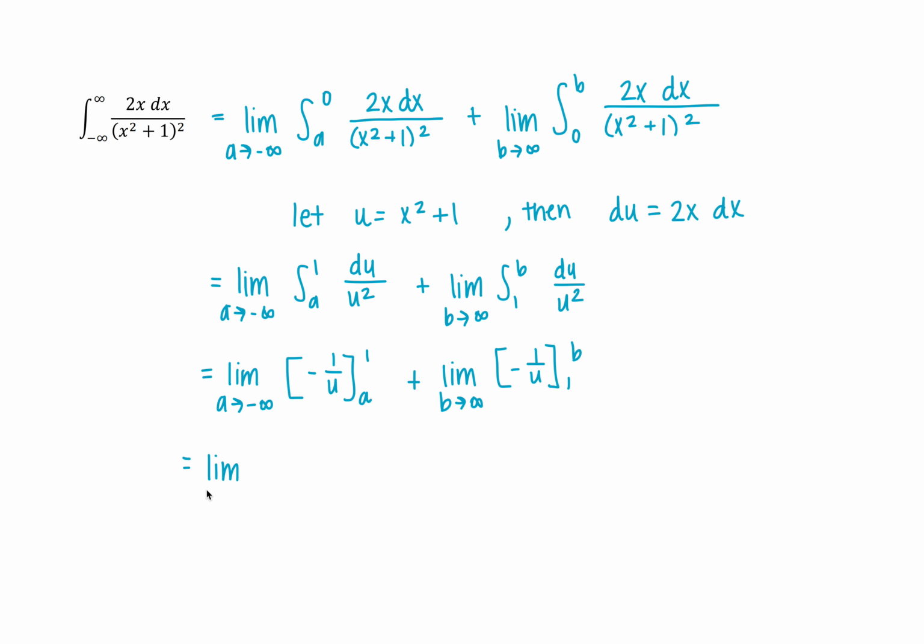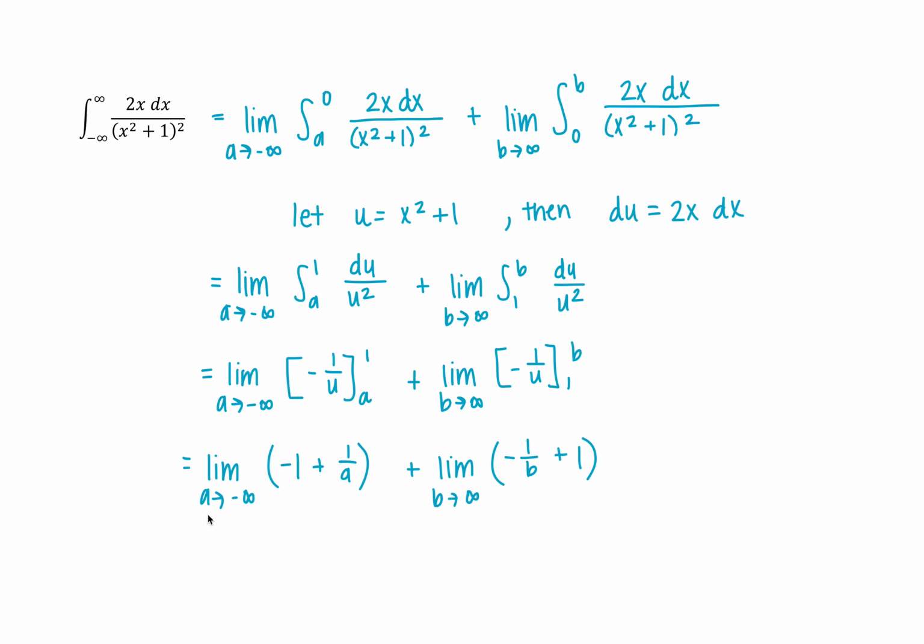So now when I substitute in, I'm going to get negative 1. Negative 1 over 1 is negative 1. Then it's minus the negative, so it'll be plus 1 over a. And then here we've got the limit as b approaches infinity of negative 1 over b minus a negative, so it'll be a plus 1 over 1.